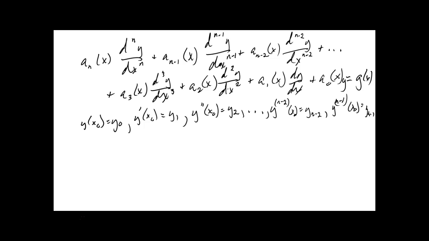Well, how many conditions do you have? 0, 1, 2, 3, up to n minus 1, which, because you have a 0 in here, is n conditions. So if it's nth derivative here, you have n conditions down here. However, you don't have a condition for the nth derivative, because that would give you n plus 1 conditions, and you don't need those.